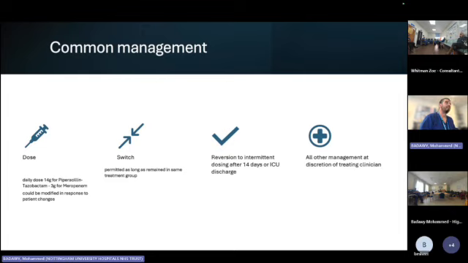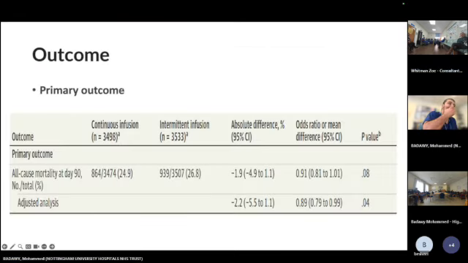Both groups have been permitted to switch between both antibiotics as long as they remain in the same arm, which means if a patient needs to escalate or de-escalate from tazocin to meropenem, he can do that as long as he stays within the same group. All patients will revert to intermittent dosing, either at 14 days or on ICU discharge. And other management will be the same, so no intervention on any other management.